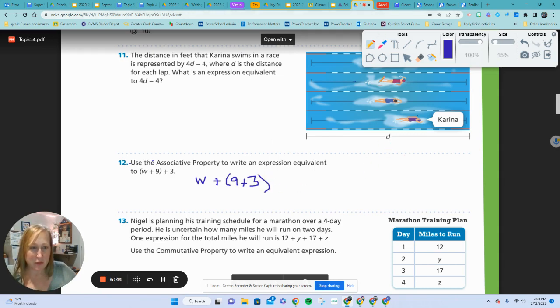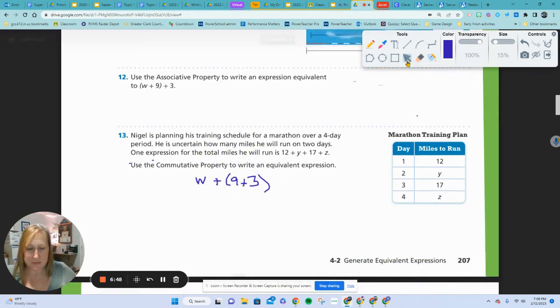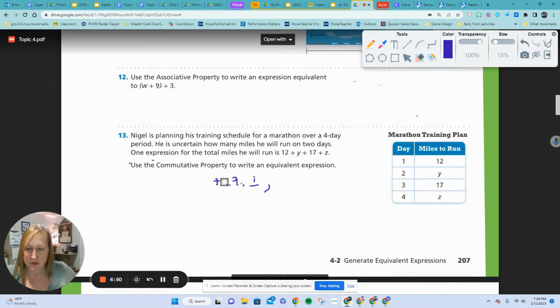Okay, we will continue on. I'm going to attempt to scroll down. Nigel is planning his training schedule for a marathon over a 4-day period. He is uncertain how many miles he will run in 2 days. One expression for the total miles he will run is 12 plus y plus 17 plus z.